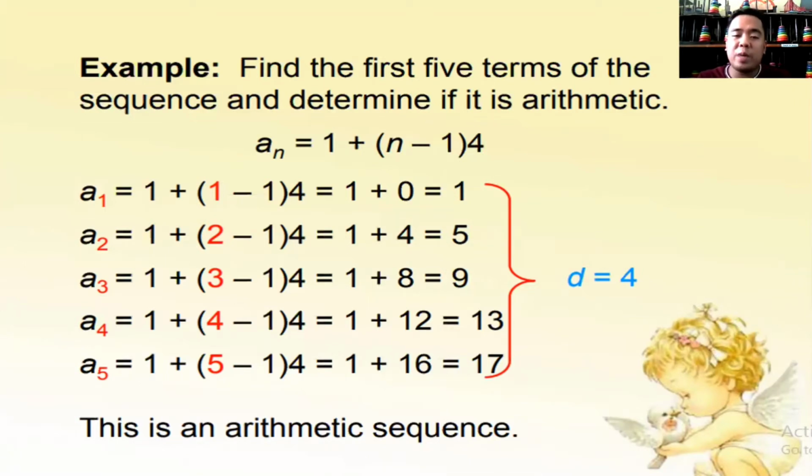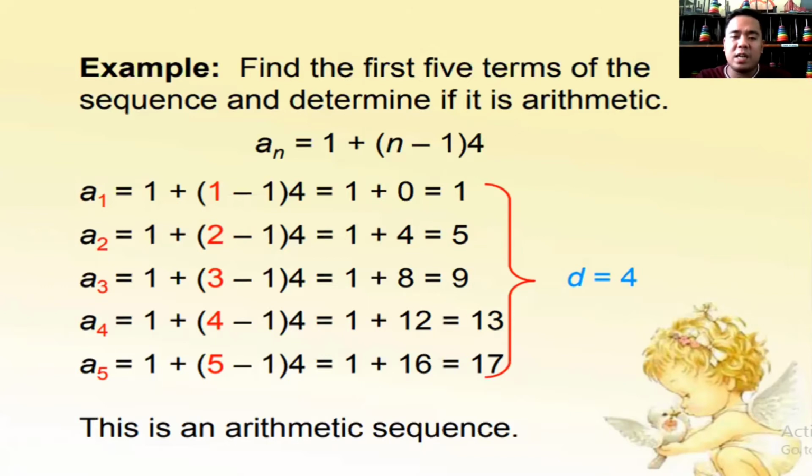So ang buhaton para mahibawan ang mga terms, kabantay mo sa n, that denotes the position of the terms in the sequence. Ikapila siya nga term. So imo na i-substitute ang mga number: first term, second term, third term, fourth term, fifth term, so n is 1, 2, 3, 4, 5. Simplify, so ang migawas nga mga number is 1, 5, 9, 13, 17. Is that an arithmetic sequence? 1, 5, 9, 13, 17.